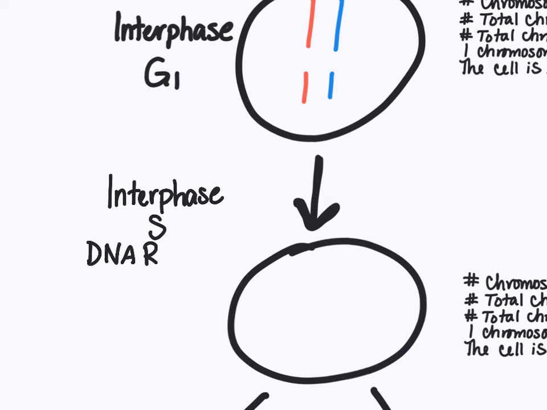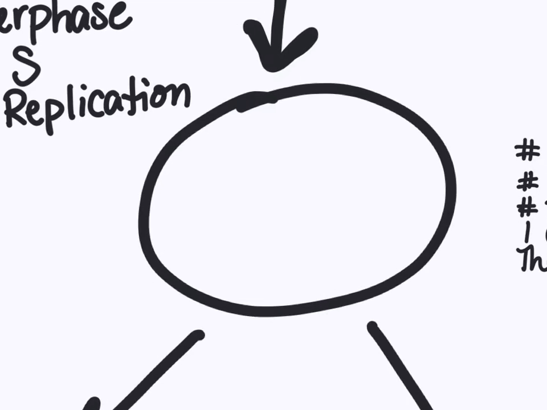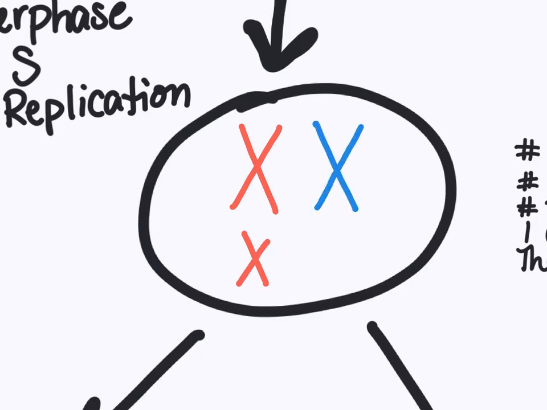So DNA replication occurs during the S phase of interphase. And what this means is that the chromosomes are now going to look like the letter X. So we now have these X-shaped chromosomes instead of just these bar-shaped chromosomes, and that's because each chromosome has now made a copy of itself that is attached to the original strand.